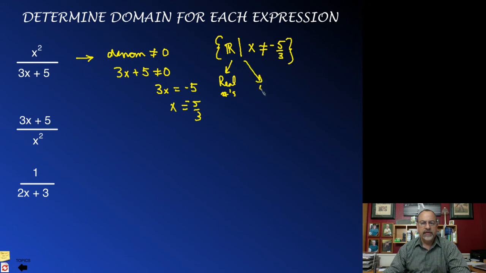This line means such that, or as long as, and then we have the restriction listed here. So 3 parts to the set notation. Well, then I use my braces, so 4 parts. Using braces for the outside, I begin with all real numbers such that, or as long as, and then I write what my restriction is here. And again, for the denominator, I simply say the denominator cannot be 0.